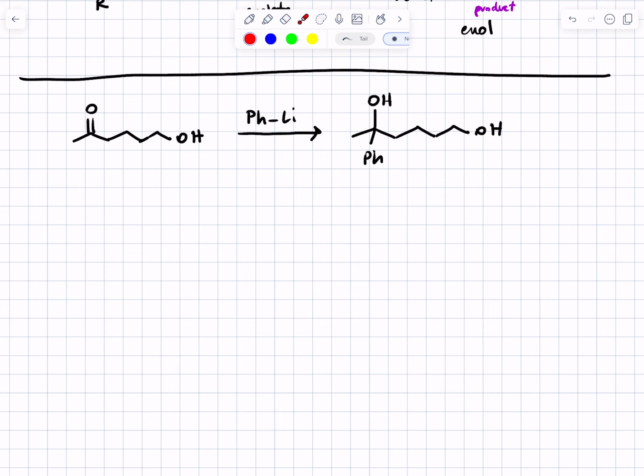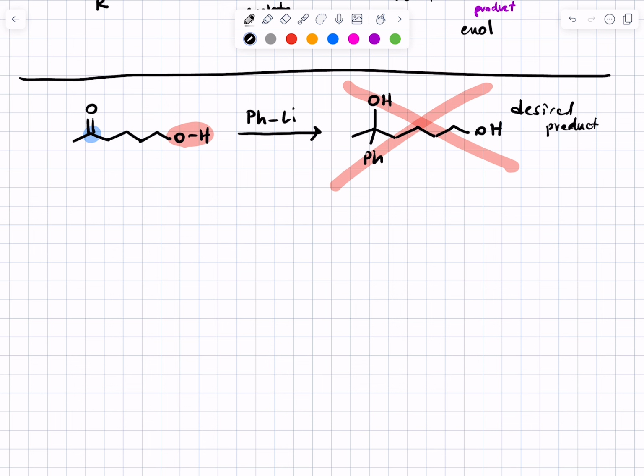The problem with that is your goal is to attack the carbonyl carbon, but you've got an acidic proton here in the same molecule. I'm going to highlight it in red to indicate that is a problem, and we're going to put the big red X through the desired product because we don't get that here.